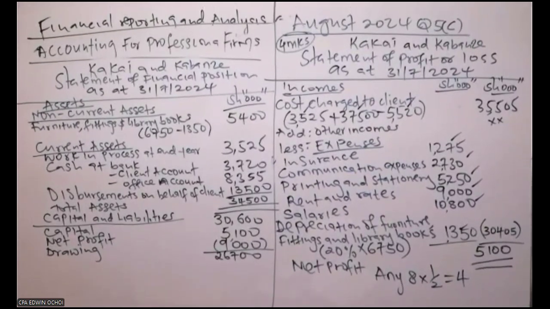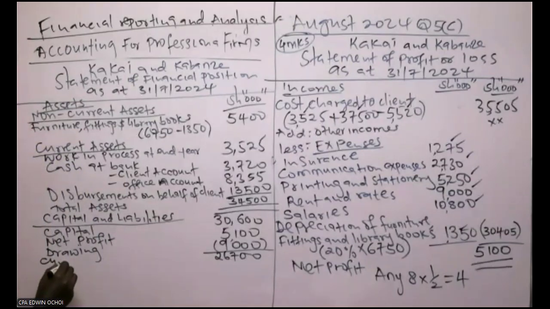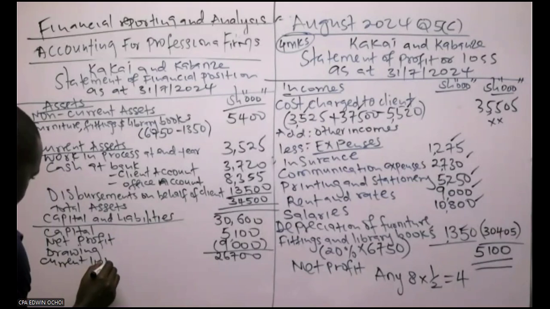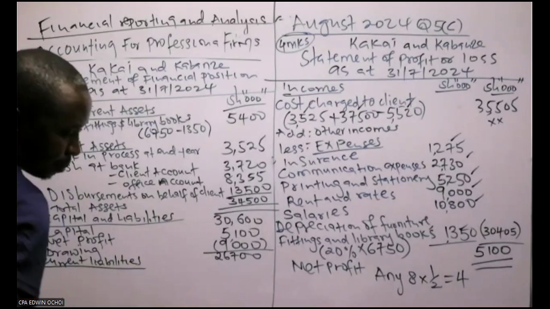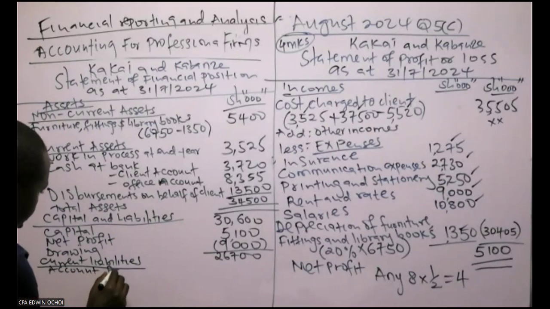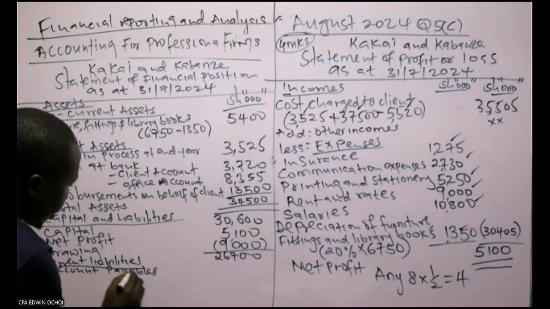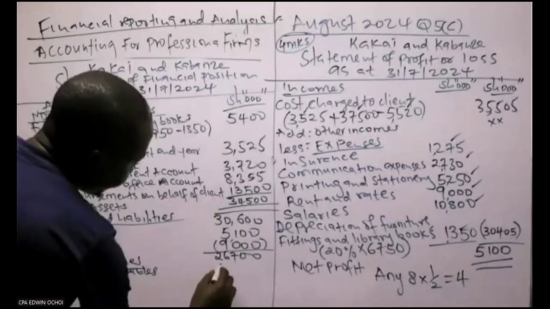So we talk about current liabilities. For the current liabilities, there are creditors, the accounts payable. So the accounts payable is 4 million.